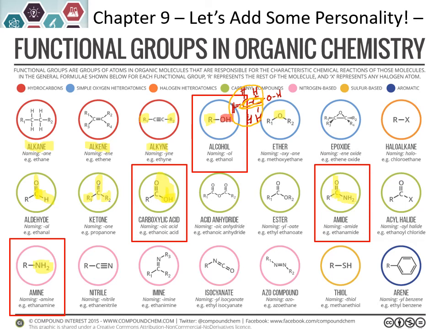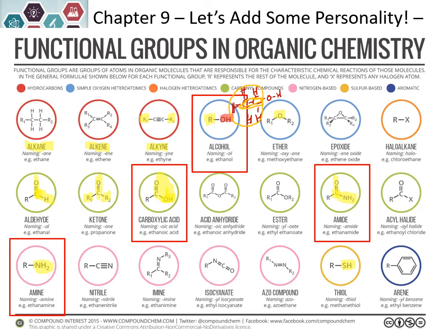We do have some functional groups that contain sulfur, so thiols contain sulfur. These tend to be very strong smelling compounds, so if you think of rotten eggs or skunk, that is a thiol making those strong smelling compounds.